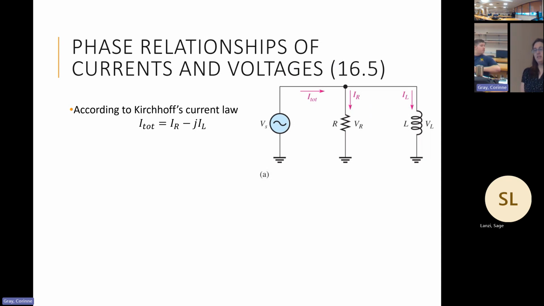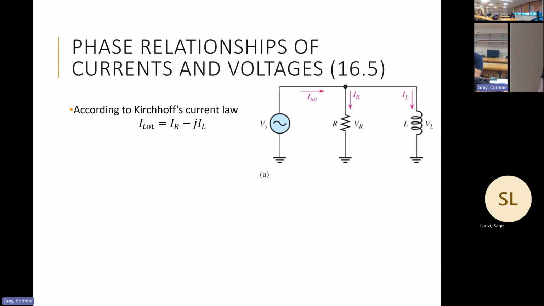So let's briefly go over some relationships that we can get utilizing the parallel situation. If we think about what's the same across them, they have the same voltage value, but that means that they can have different currents passing through them. It's going to depend on their values here.